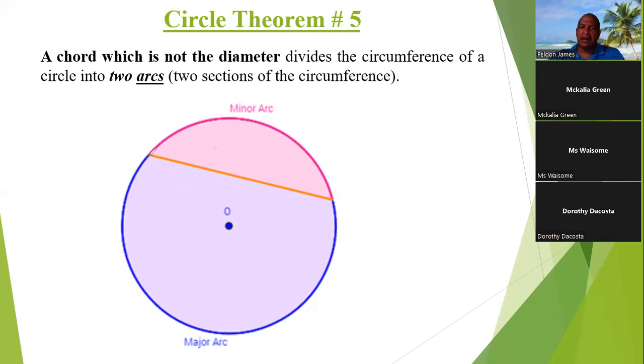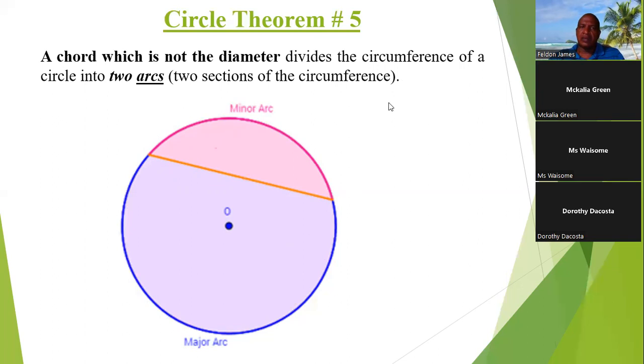Which one of them is longer? The blue arc is longer than the pink arc. And so the pink arc, being the shorter one, is referred to as the minor arc, and the blue arc is referred to as the major arc.